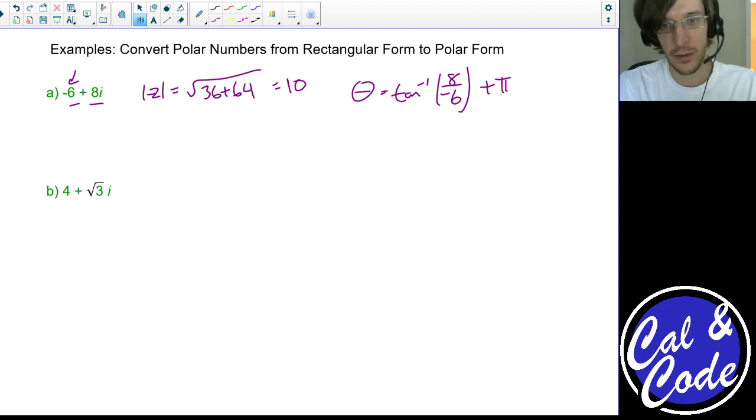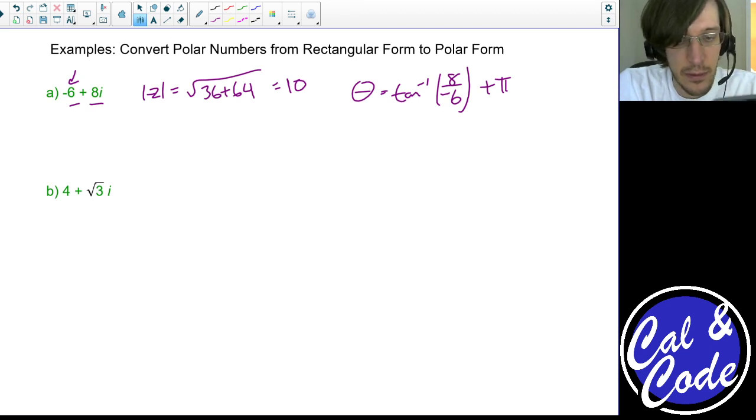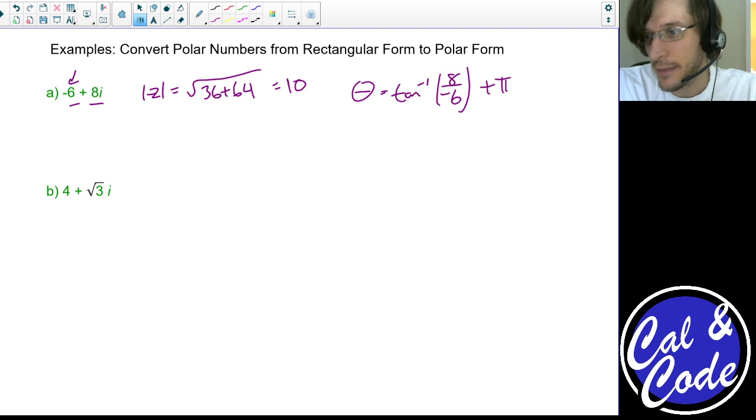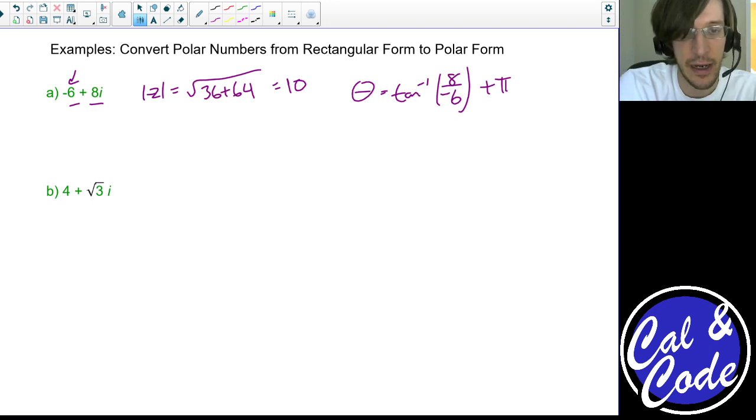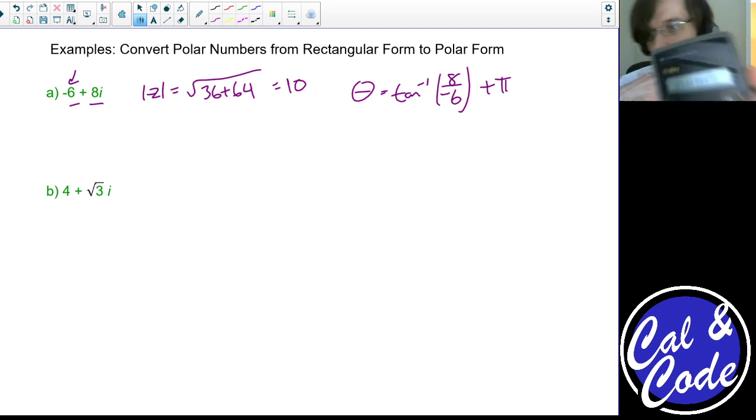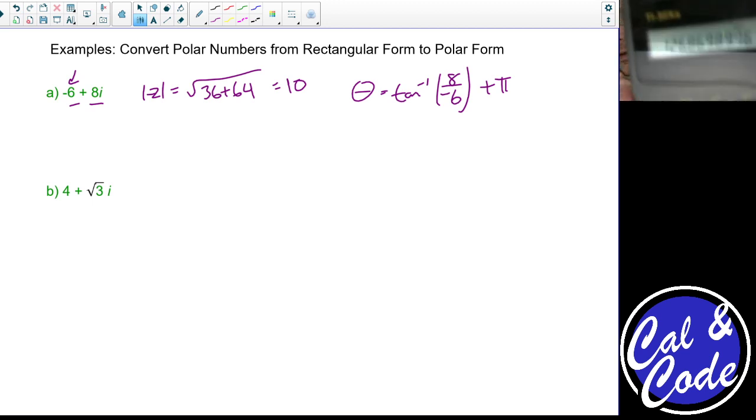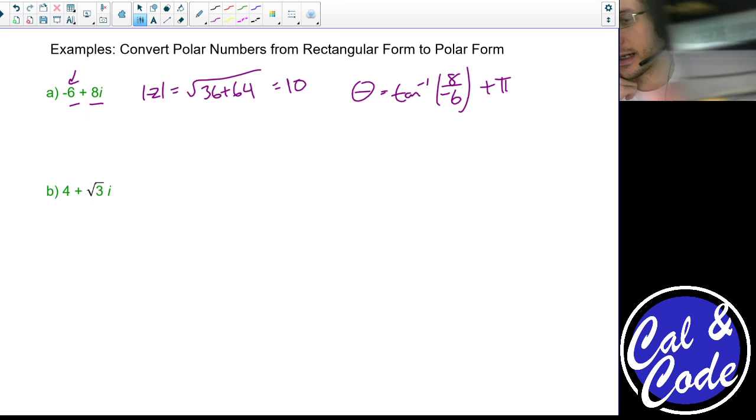We're going to take negative 8 divided by 6, and inverse tangent that, plus, and then instead of pi, since I'm in degrees, I have to add 180 degrees. This gives me 126.869 degrees.